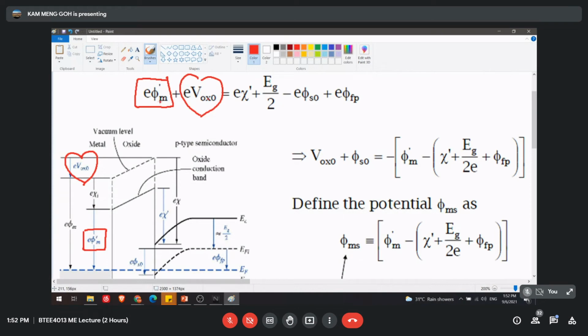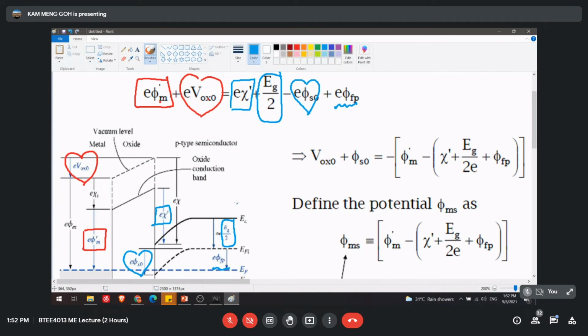This thing plus this thing, these two added together, will be this one, add this one, add this one, add this one, and then add this one, delta P.